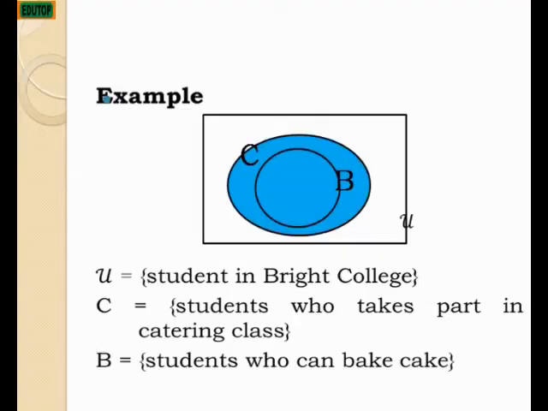For example, as you can see in this Venn diagram, set B is a subset of C in our universal set. Our universal set is the set of students in Bright College, set C is the set of students who take part in a catering class, while set B is the set of students who can bake cake.